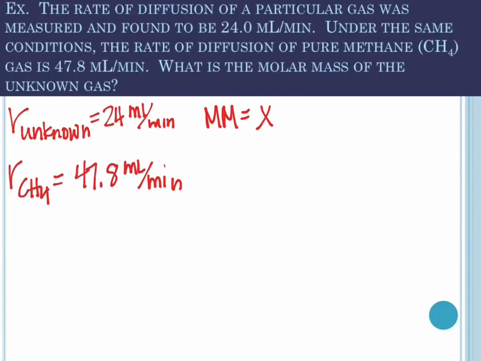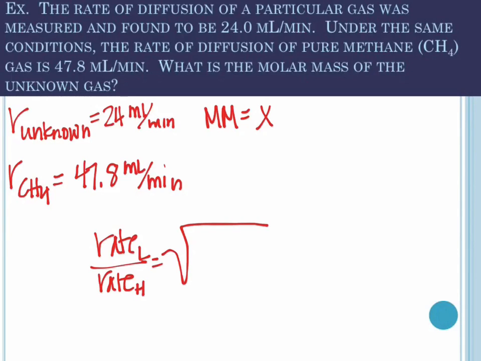So our equation is rate light over rate heavy is equal to the square root of the molar mass of my heavy over the molar mass of my light. So what is the rate of my lighter one? Lighter moves what?